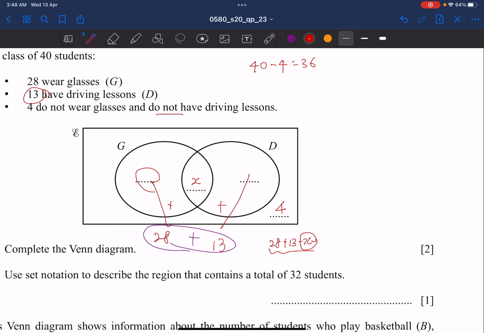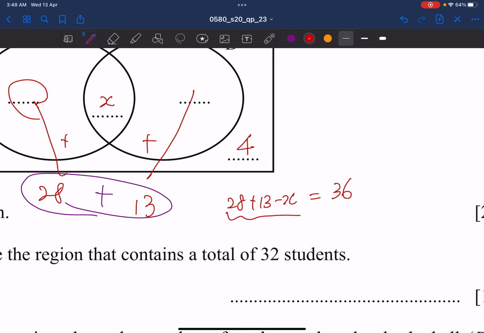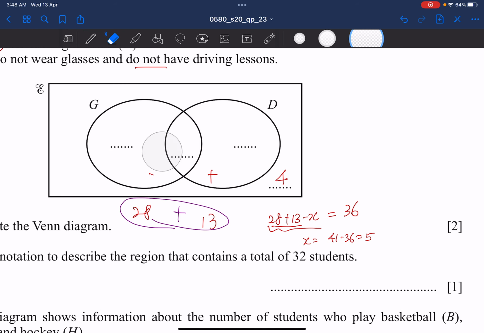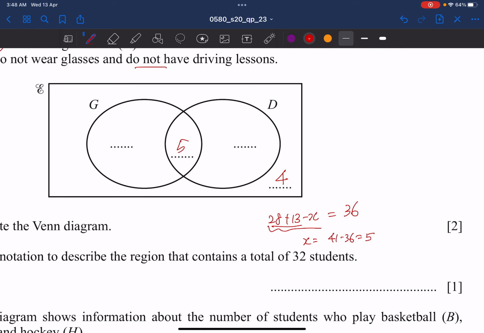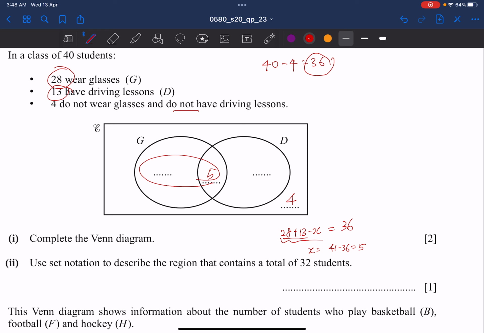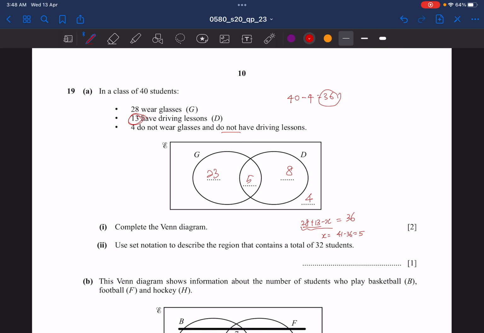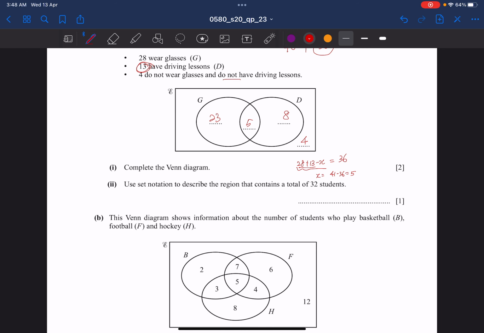Because we minus x here, which should equal 38. So x here should equal 41 minus 38, which is 3. So here should be 3. Then these two: 28 minus 3, 25. 13 minus 3, 10. Okay, so that's all for this question.